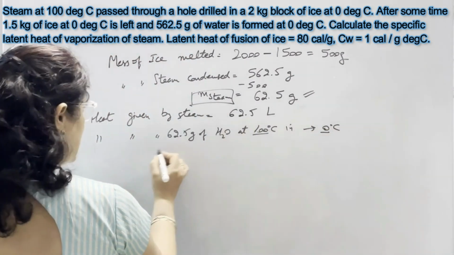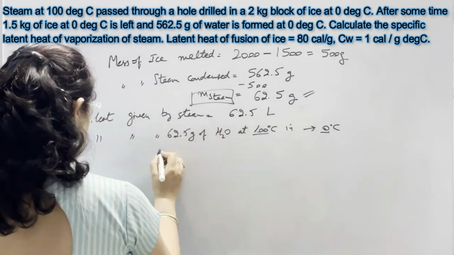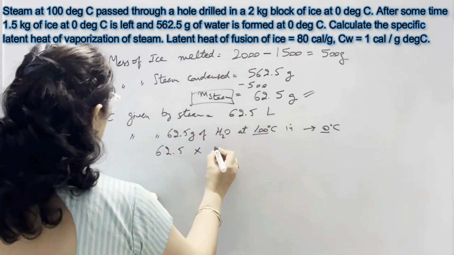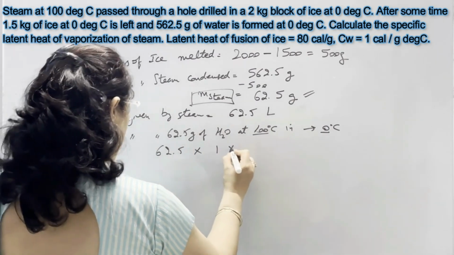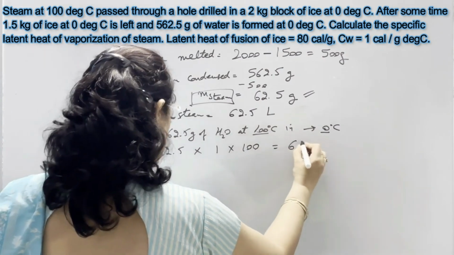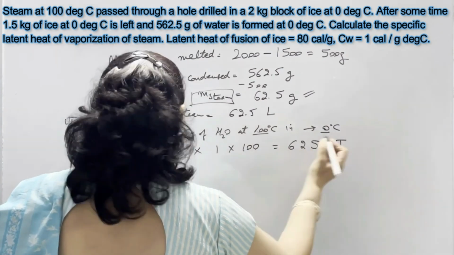It means temperature is getting changed. So MC delta T. 62.5 is M. C is given in calories. So here we are taking it as 1, and then 100 minus 0 is 100, which is equal to 6250 joule.